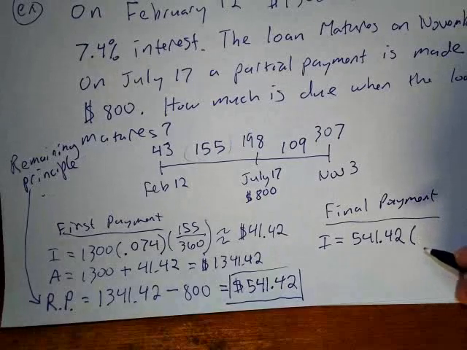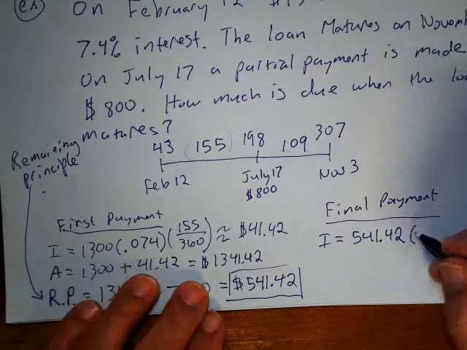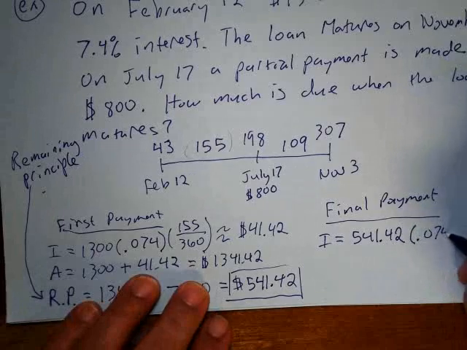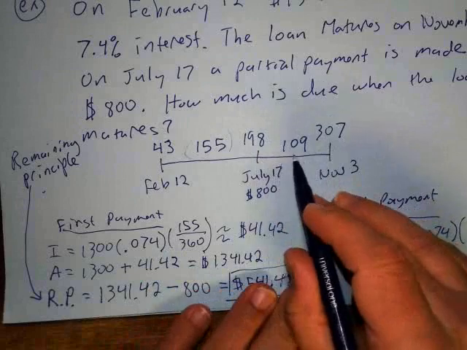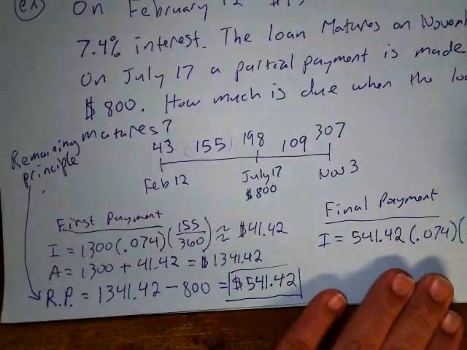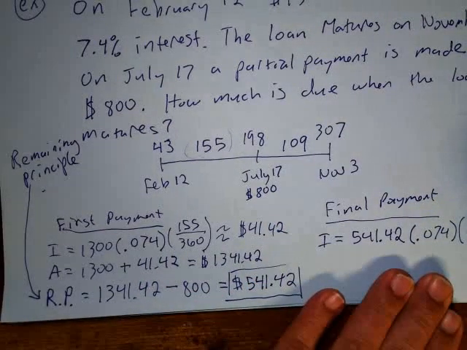And let's see here. So the interest is 0.074, and this time we have 109 days out of 360.